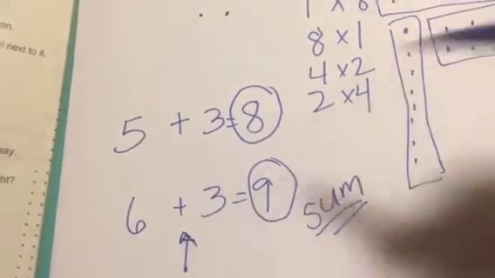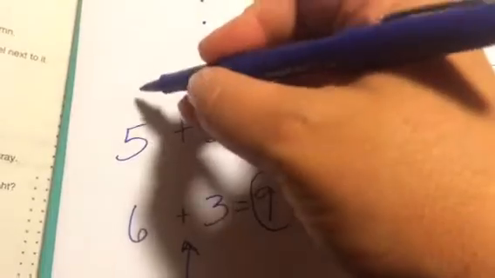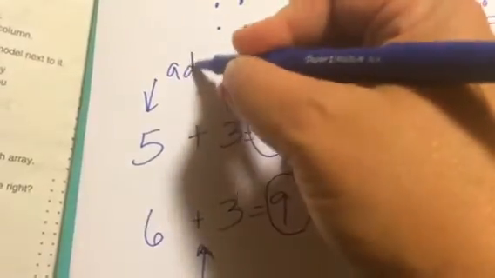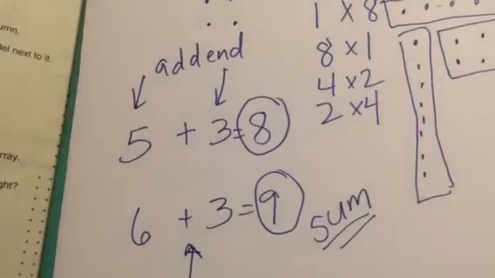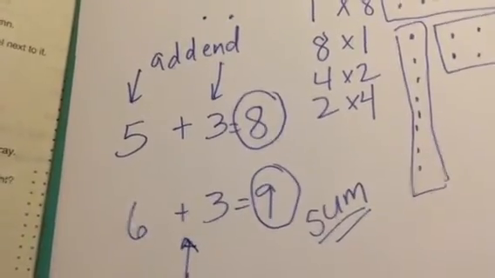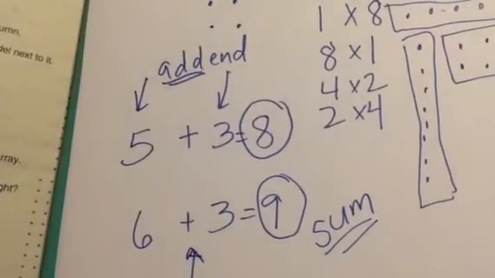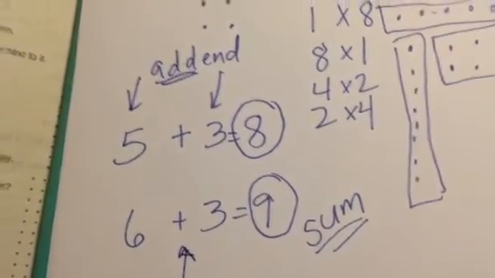This word sum is the mathematical term for the answer when you're having an addition problem. The other thing you want to know and not forget is that the numbers in an addition problem are called addends. If you have a hard time remembering that because it sounds a little different, the word add is right in the word addend. So if you see a whole list of vocabulary words and you think, what does addend mean again?